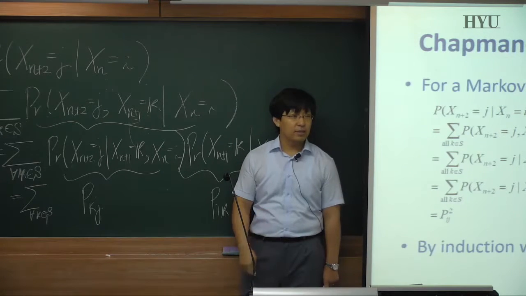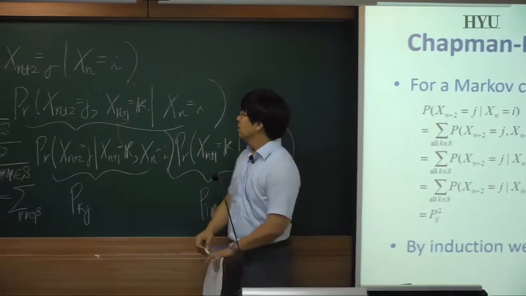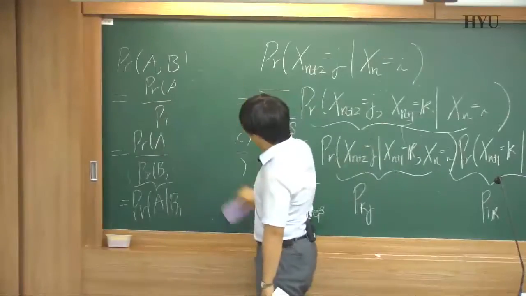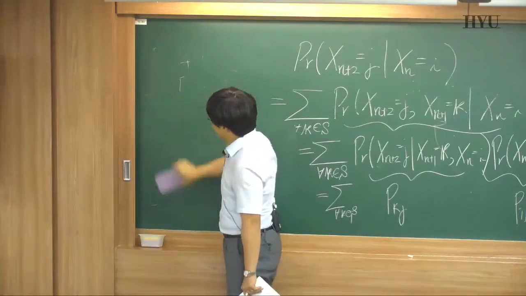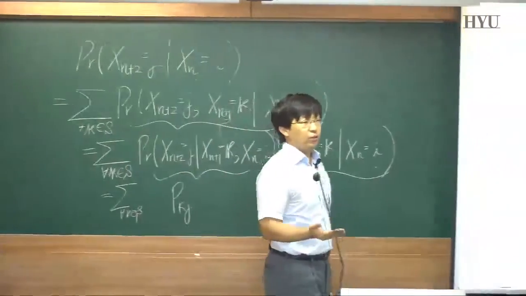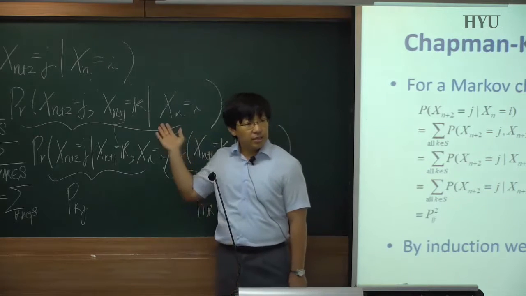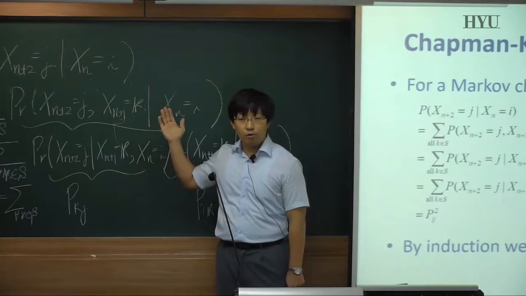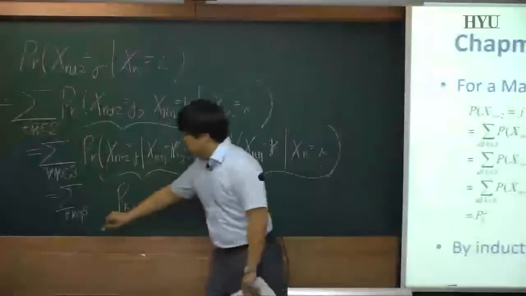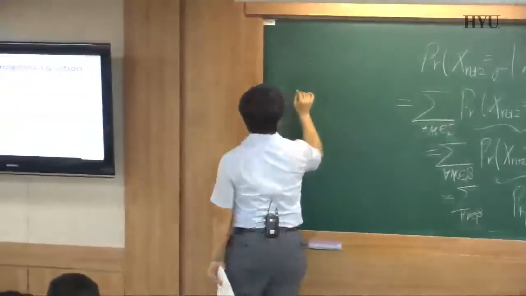For a given condition, X_n equals i. And then, as I said before, as long as we figure out the transition matrix, we can easily find such a probability. How? Actually, this summation is the same as when we consider matrix operation.